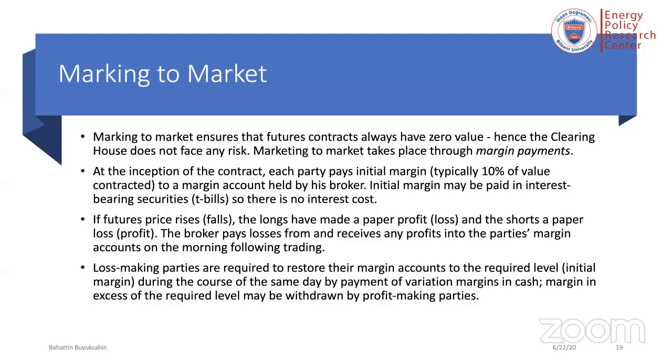Basically, if you don't provide the variation margin, if you don't bring your margin account to initial margin, once it is below the maintenance margin, your broker can close out all your position. You have to bring your margin account to the initial margin.